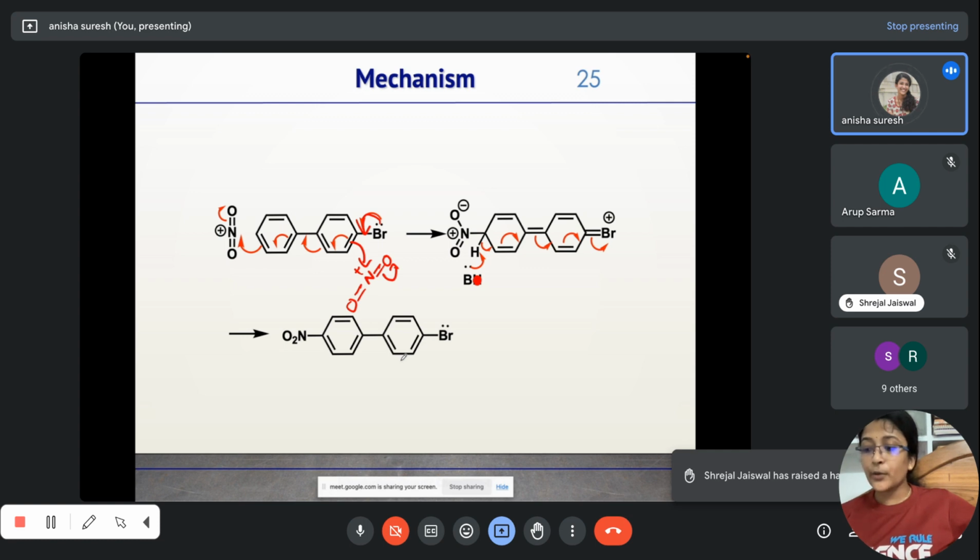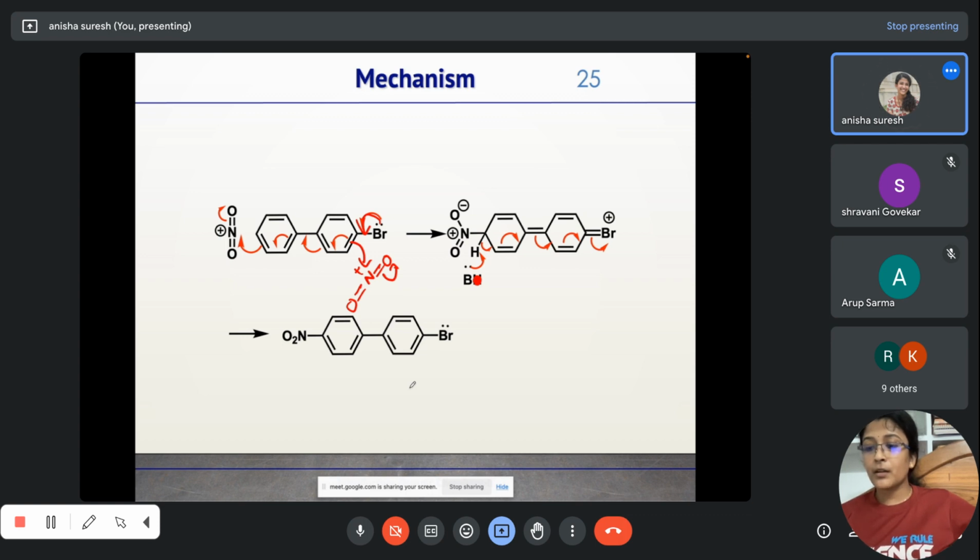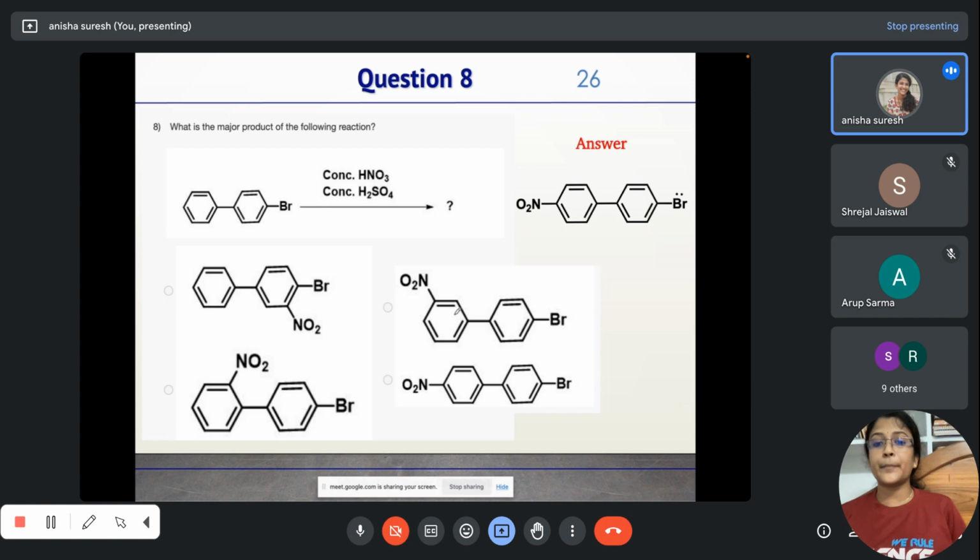So okay, you can ask the doubt. Shrejal, any doubts? No, ma'am. Okay. So since maximum delocalization is taking place in this case, that is why this nitro product will be the major product. So the correct answer will be option B, that is nitro at this extreme para position.